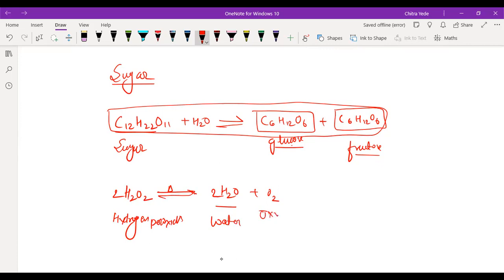Again, this is a disproportionation reaction. Understood?